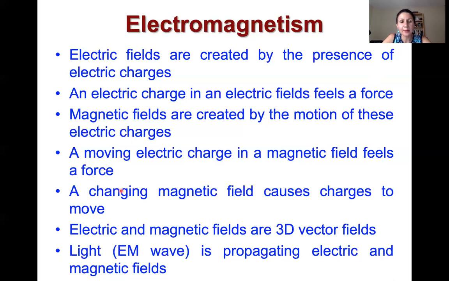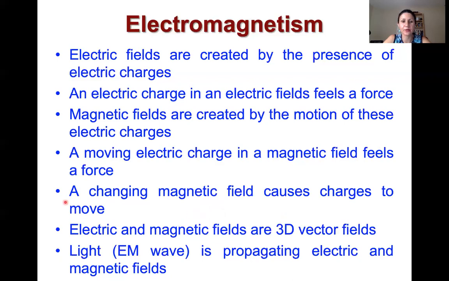And then what we're going to look at today is this last concept: a changing magnetic field. Here we have a charge which is moving in a magnetic field, and it will feel a force. But this is related to the phenomenon that if your charge is stationary initially, but we introduce a changing magnetic field at the location of the charge, that will cause that charge to move.